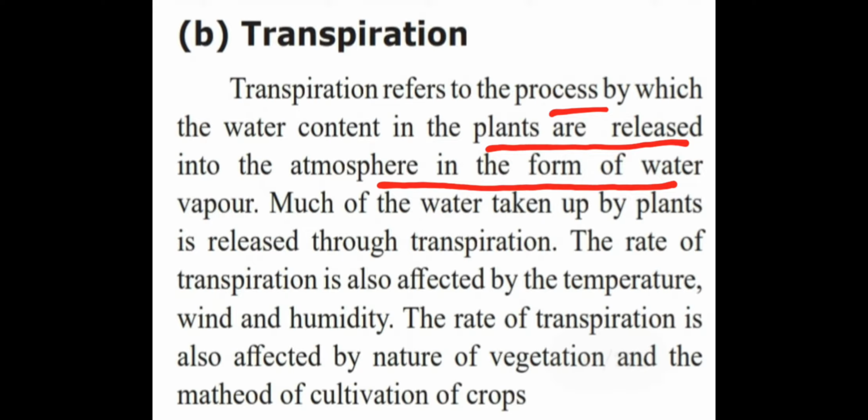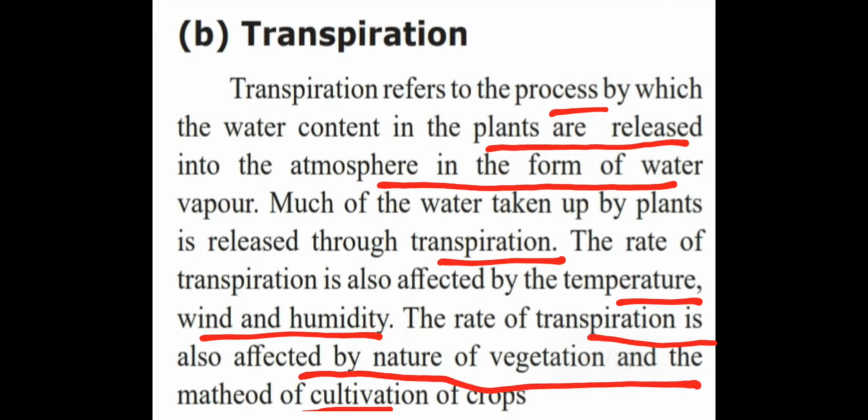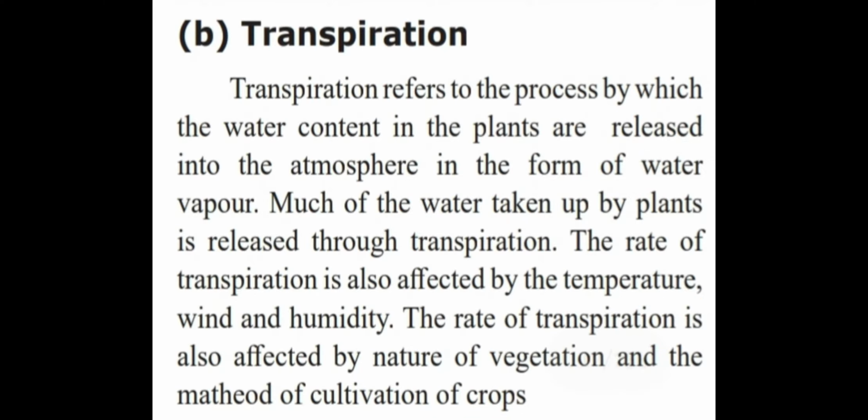Much of the water taken up by plants is released through transpiration. So the plants and trees absorb the water, and they transpire it back to nature again, and that is called what? Transpiration. The rate of transpiration is also affected by temperature, wind, and humidity. It is also affected by the nature of the vegetation and the method of cultivation of crops.